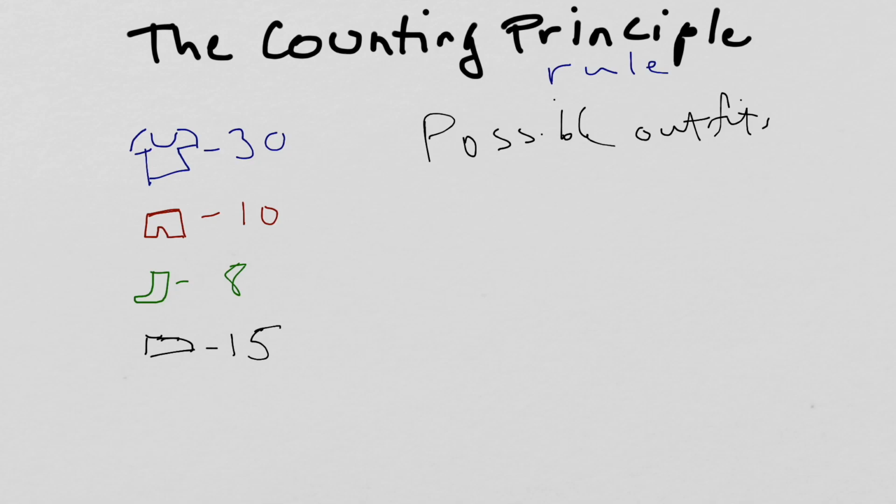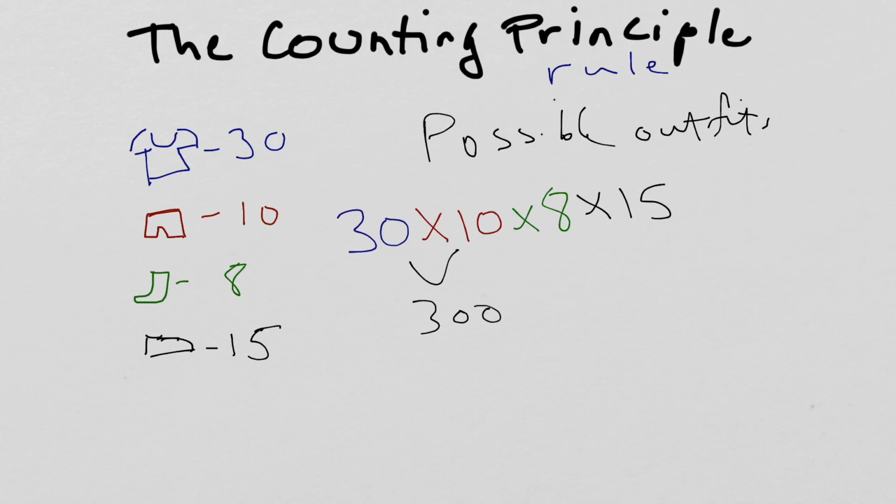So that's what we're going to do with all of our possible outcomes for our outfits in the game. If I have 30 possible tops times 10 possible bottoms times 8 possible socks times 15 possible shoes, and that equals all of the potential outfits, that would give me, let's see, 300 times 120, makes sense.